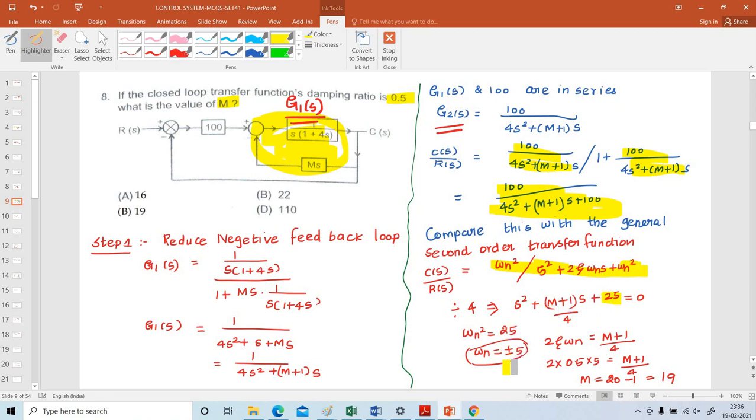Plus or minus 5 radians per second. And 2 zeta omega n is equal to M plus 1 by 4. Now I have to substitute all the values. 2 into zeta 0.5 into omega n 5 equal to M plus 1 by 4. So 4 into 5 is 20, M is 20 minus 1, that is 19. So 19 is the correct answer.